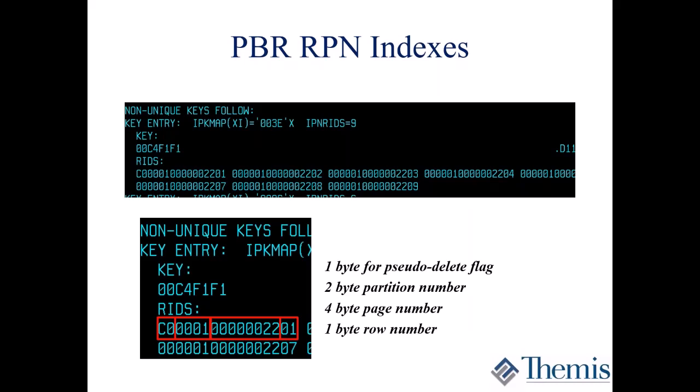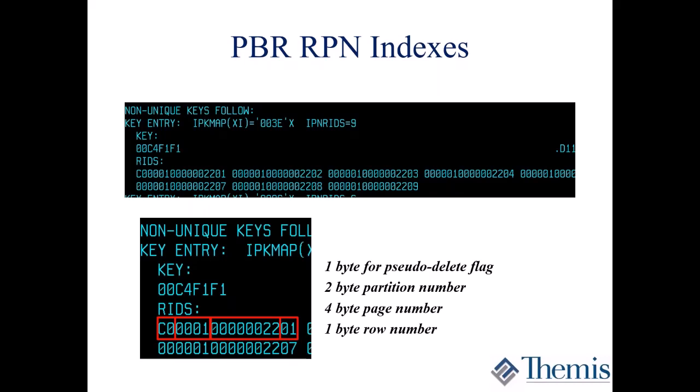Parsed out the way the RID is stored in the index. So up top there, you see a particular key that was indexed, and it shows you the hex, right? Charlie 4, Fox 1, Fox 1, and then the RIDs that value has associated with it.